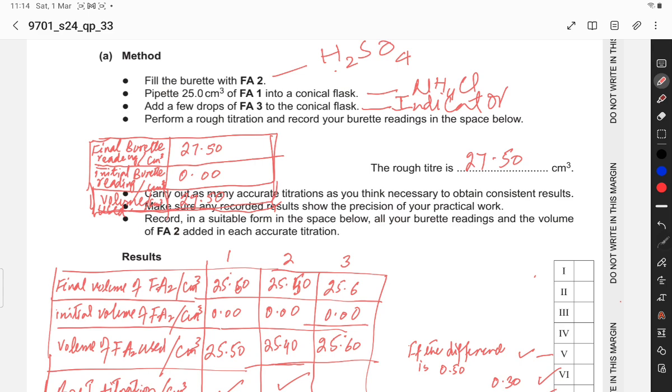So this is the table, how to make the table for rough titration. Always use a table to record your readings of rough titration.